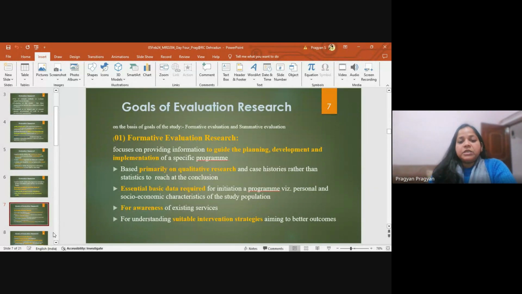So you need an extensive range of basic data: what is the population of children in that area, and how many categories can be defined as vulnerable. On the basis of that, you can have an understanding of the major categorization, and only after that can you formulate one particular development program.